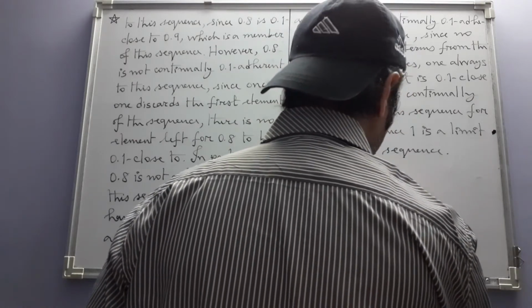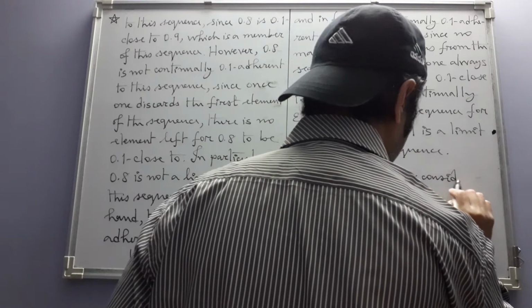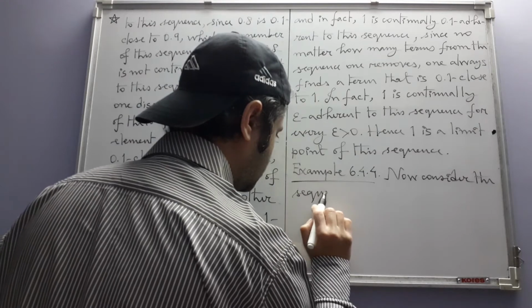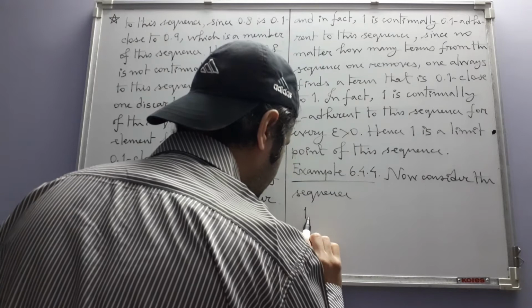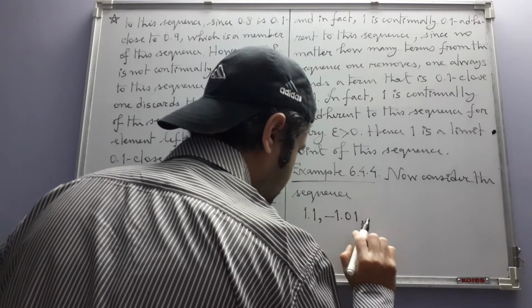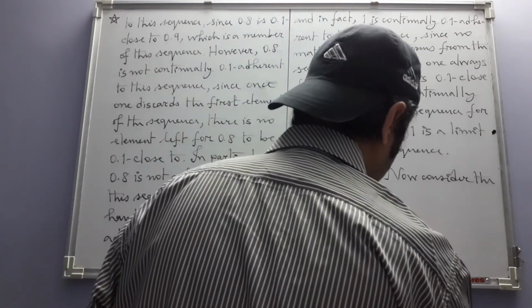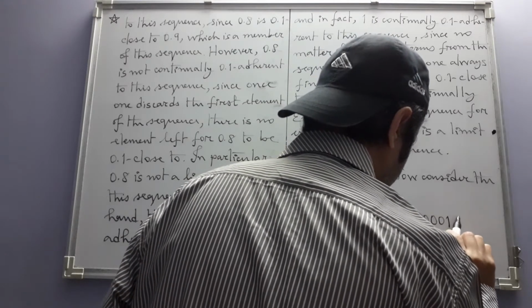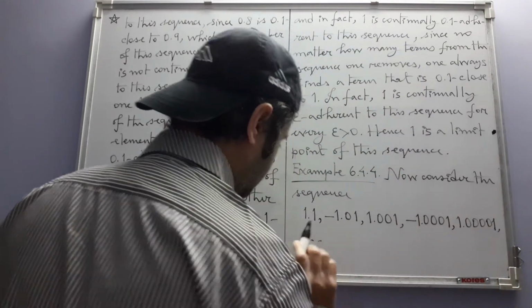Now consider the sequence. It starts with 1.1 and minus 1.01, 1.001, and let's write another one, and so on.